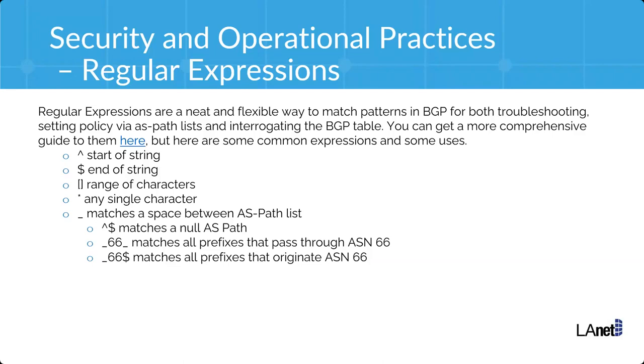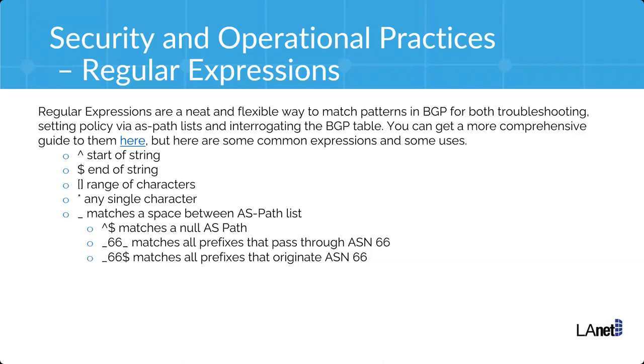But basically, these two ASs were having a war with one another, and they were de-preferring one another's traffic while still keeping their connection to one another up. And so if one of those was AS66, I might say, let me find all the prefixes that go through AS66 because I might want to be aware that those may have slowdowns or interruptions because AS66 is at war with some partners or something. So _66_ basically matches all the prefixes that pass through ASN 66.